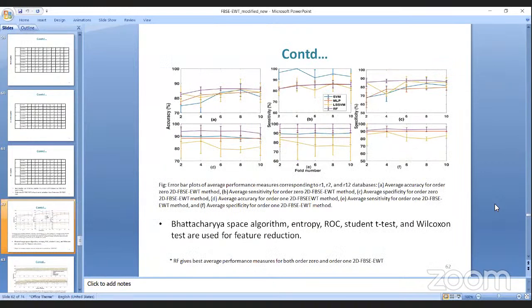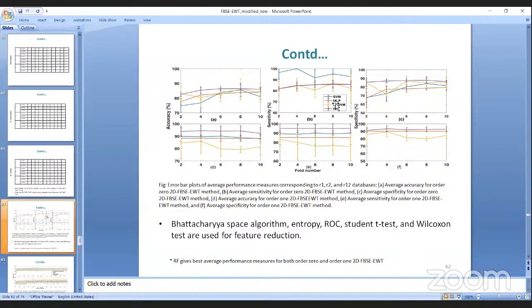This figure shows the error bar plots of the average performance measures corresponding to the R1, R2, and R12 databases. Here you can see average accuracy, average sensitivity, and average specificity for the order 0 two-dimensional FBSE method in the upper plot, and the lower plot shows accuracy, sensitivity, and specificity for the order 1 two-dimensional FBSE method.